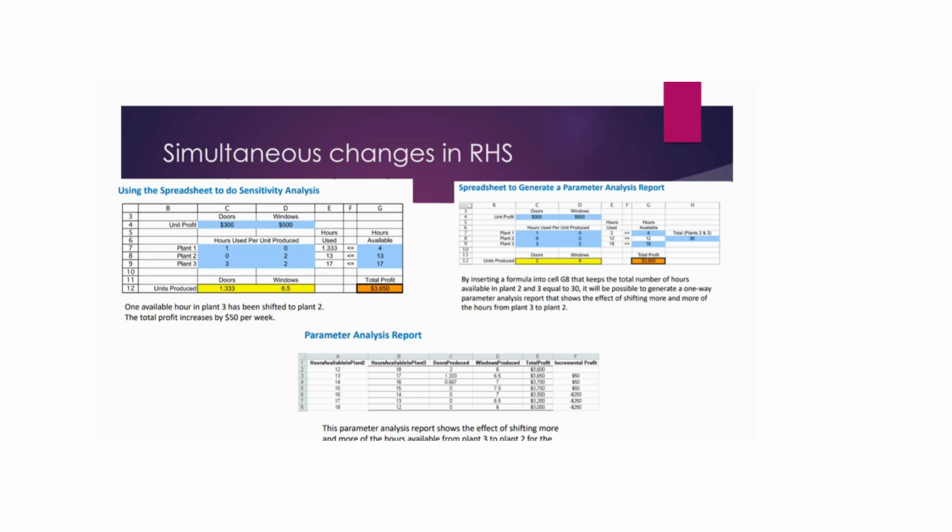And that is done by inserting a formula into cell G8 that keeps the total number of hours available in plant 2 and plant 3 equal to 30.